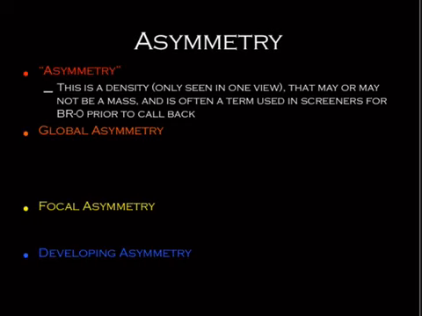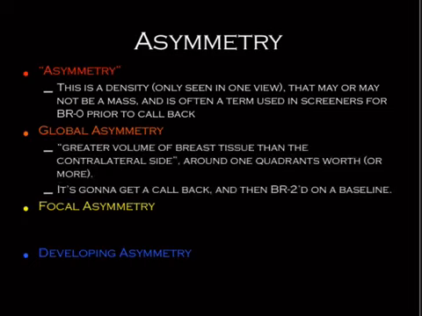You describe that as an asymmetry. Now these other three are findings that are made in both views. A global asymmetry just means you've got more breast tissue on one side relative to the other. It's globally asymmetric. And you have to call these back at least one time at the beginning to get a baseline and take another look.